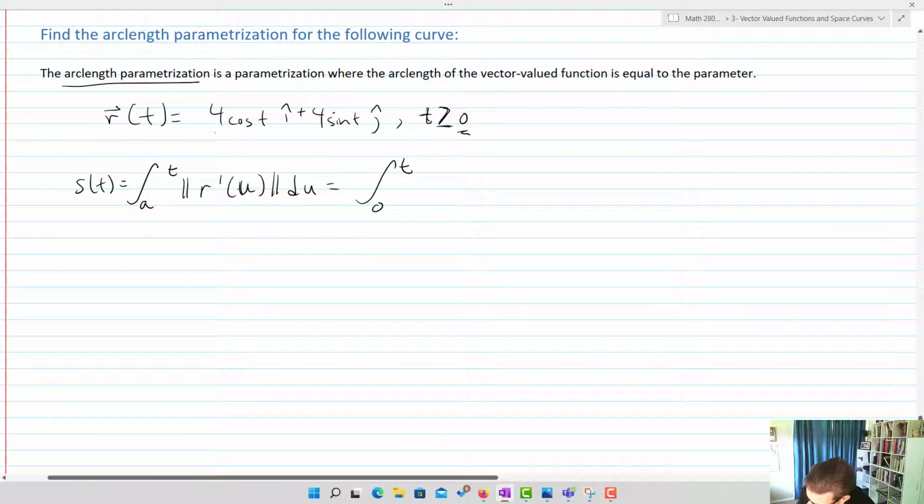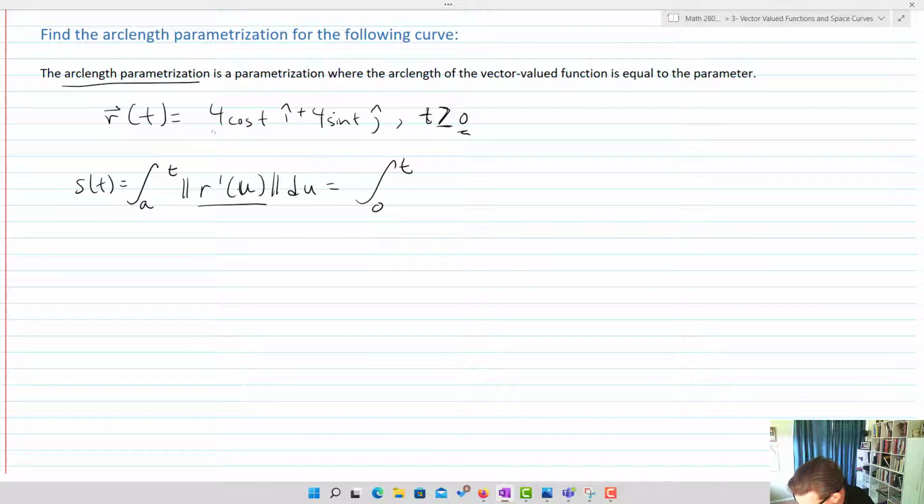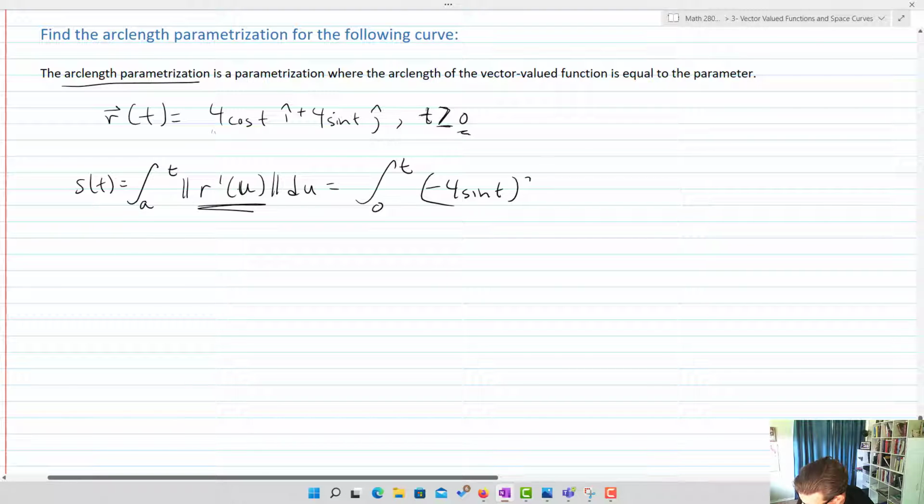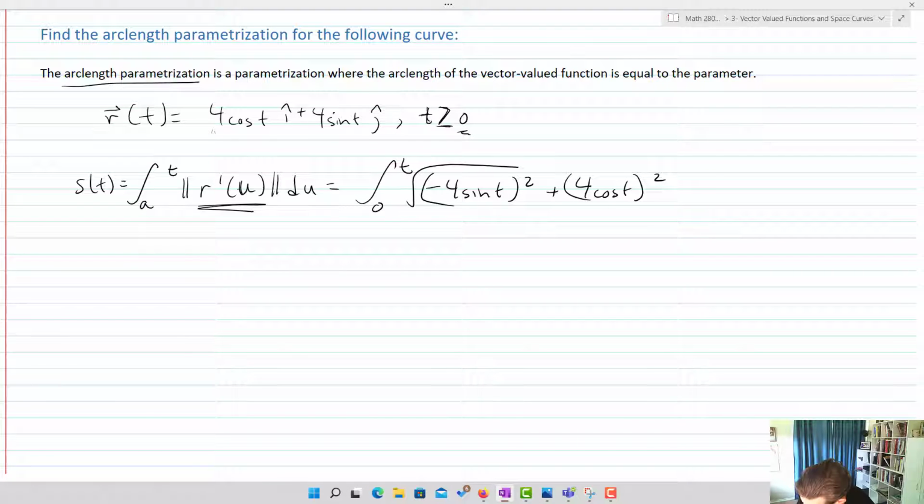Taking the derivative with respect to u, this is going to be the square root of negative 4 sine u squared plus 4 cosine u squared, because we're looking for the magnitude of that derivative, du.